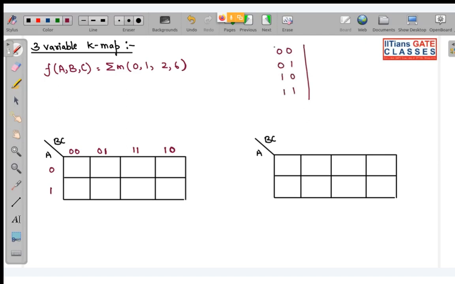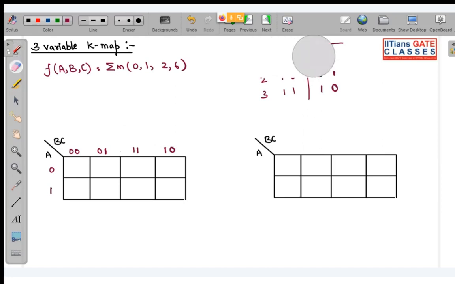This is your binary equivalent for 0, 1, 2, 3 of your decimal. Now if you calculate gray, this will be 0, 0, this will be 0, 1, this will be 1, 1 and this will be 1, 0. So that is why, look over here, I have taken gray code. Basically this representation is in gray numbers.